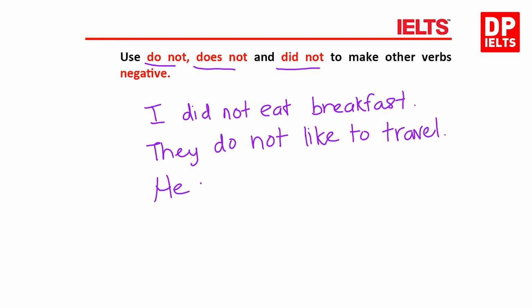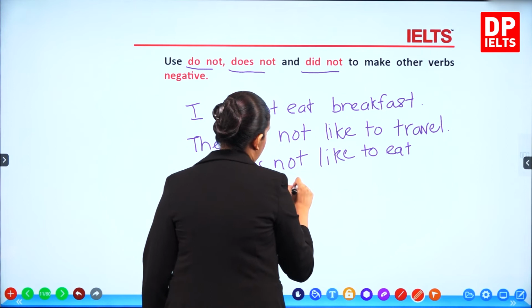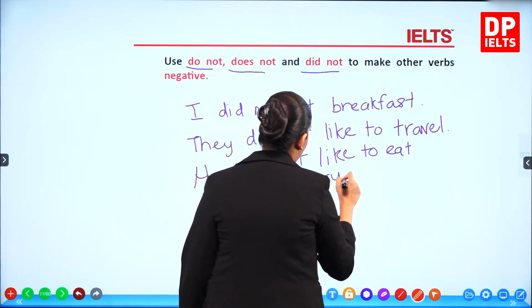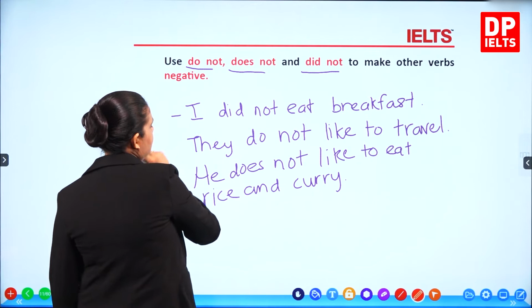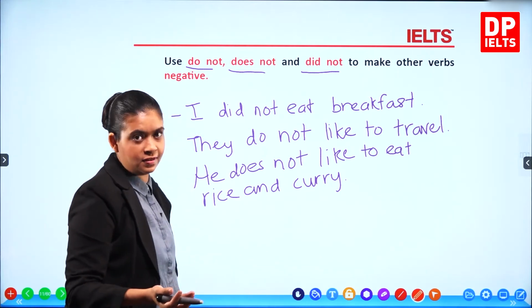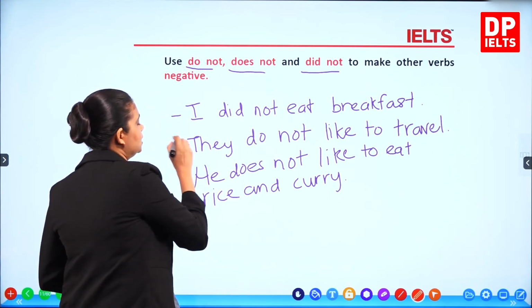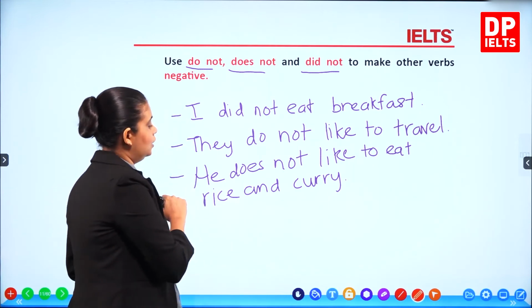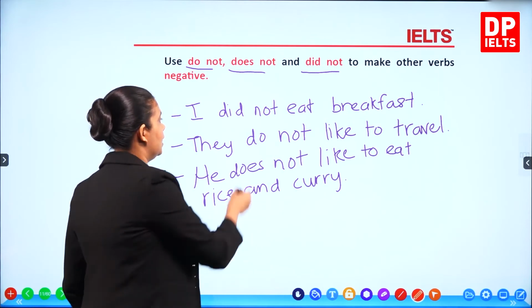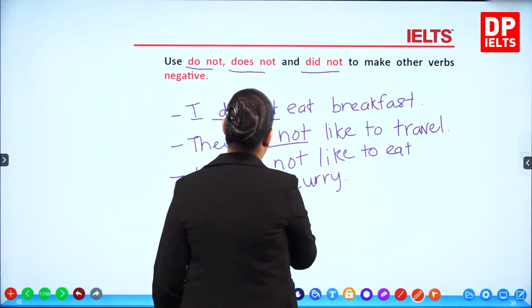He does not like to eat rice and curry. Okay, so first you can say I did not eat breakfast, negative form. They do not like to travel, again negative form. He does not like to eat rice and curry, again negative form.